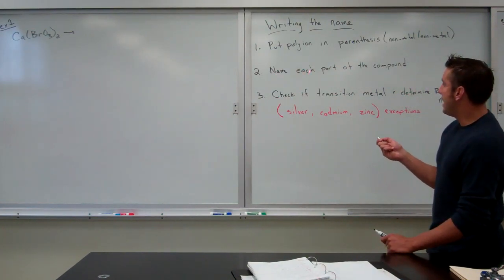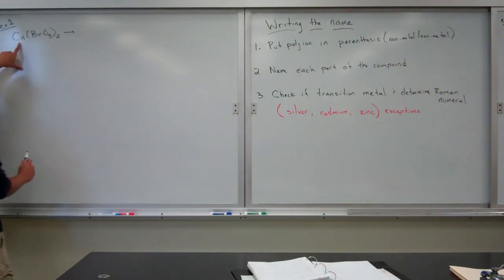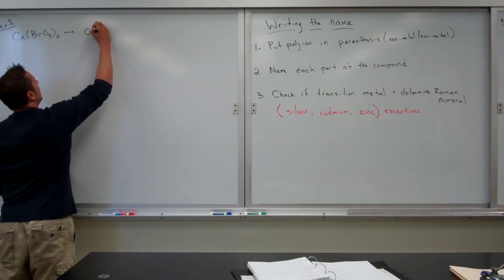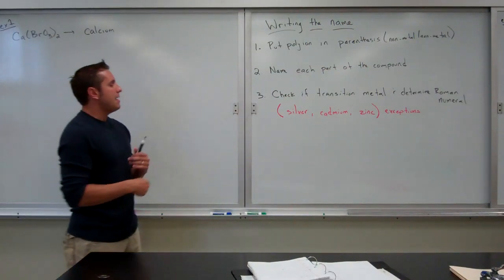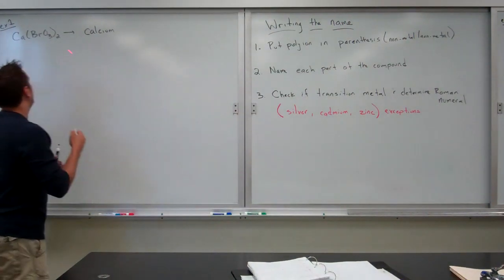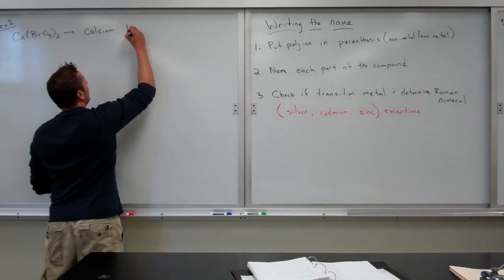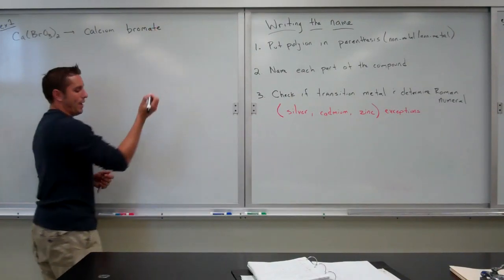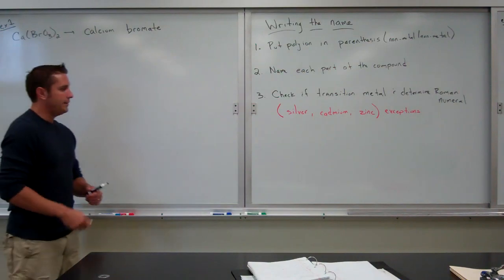Step 2 says name each part of the compound. And so the first thing I'll do is I'll name the first part, and Ca is the symbol for calcium. Naming the second part of the compound, BrO3, the polyion, is called bromate. So calcium bromate.